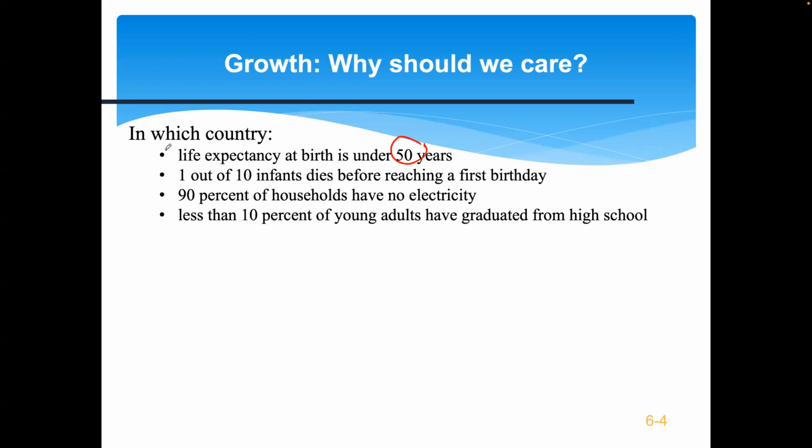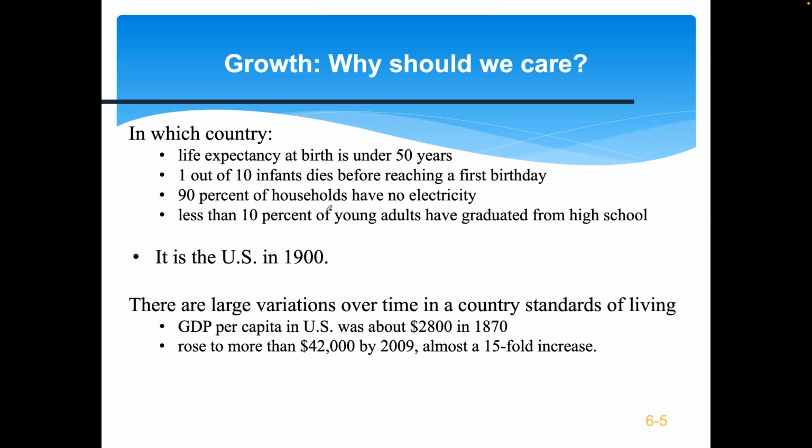If I ask you, which country is this? It's probably almost impossible for you to connect this with the United States. As a matter of fact, it is the United States, but in a distant history, in 1900. Today, the United States is very different.